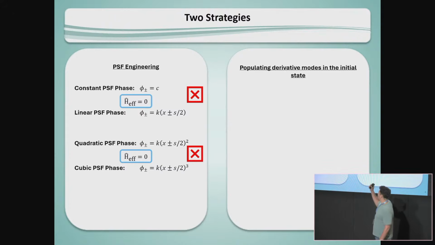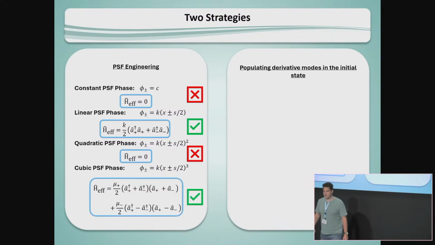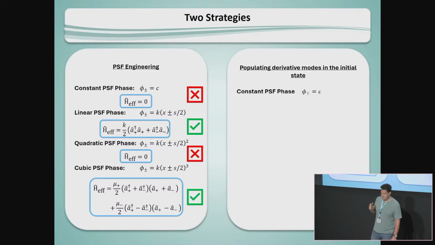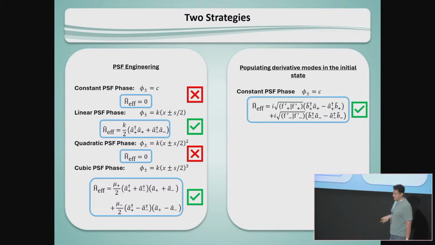And that's because, unless you apply the second strategy as well, you do need a phase of the point-spread function that is not a constant. In fact, if you use a linear or a cubic phase, you do get an effective Hamiltonian. With the second strategy, if you populate some additional auxiliary modes, even with a constant phase point-spread function, you can get an effective Hamiltonian.